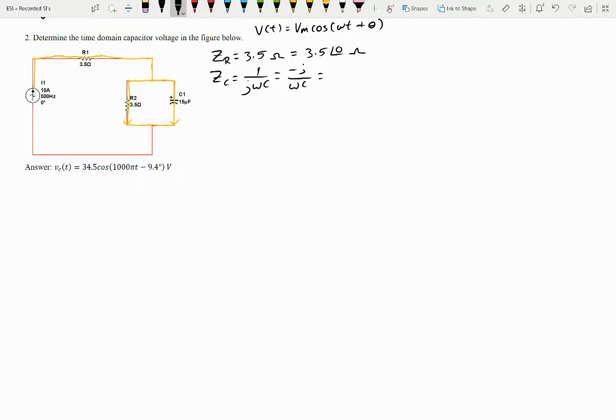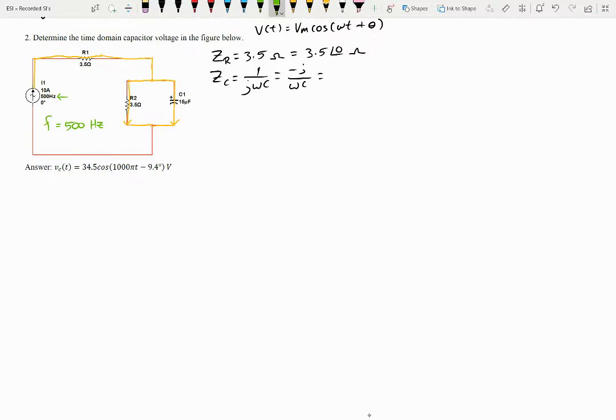And our omega is going to come from right there. It's 500 hertz, but that's actually our frequency.